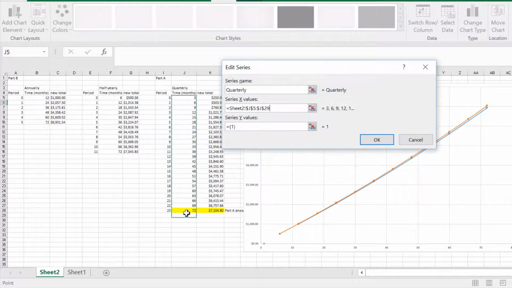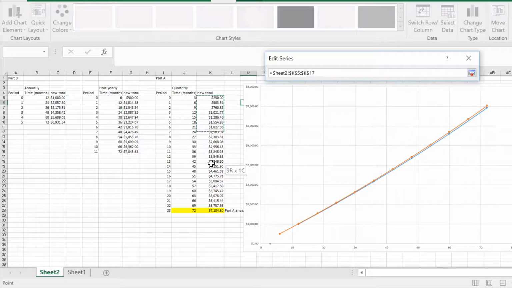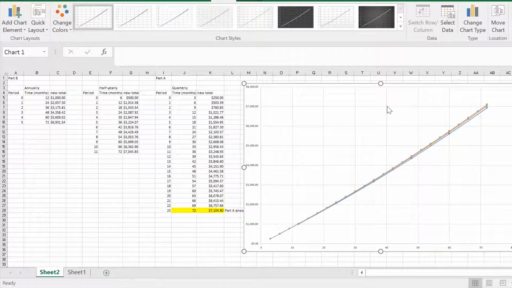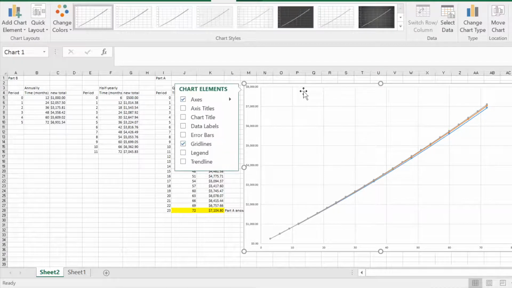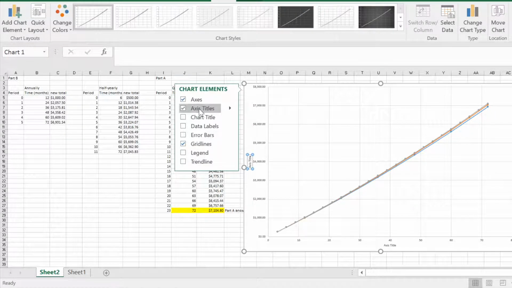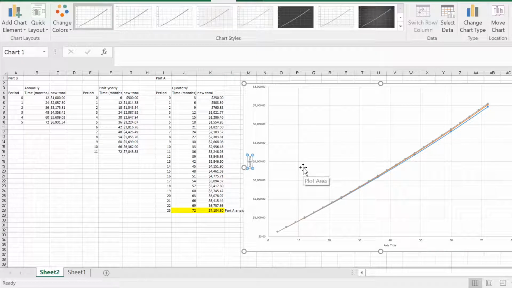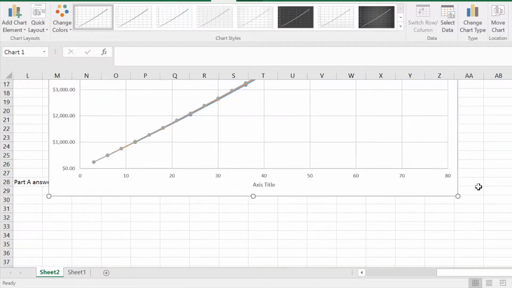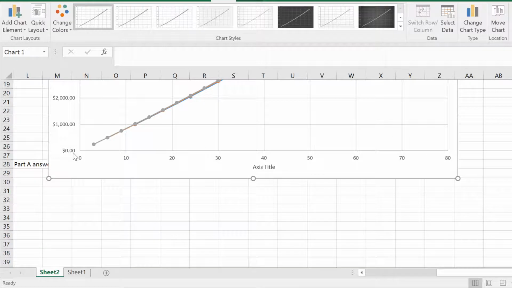X values, oops, went a bit too far, sorry, that should be 228, yep. Backspace this, the Y values, adding now, hit OK, and there we go. From there, I'm just going to add some chart elements. What we have here, I might just zoom in. Okay, shrink this down a tiny touch. Oh, chart titles are gone.